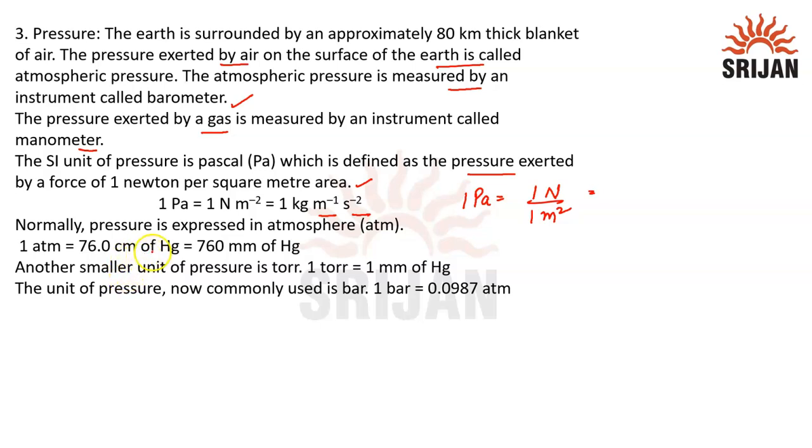Normally, pressure is also expressed in atmosphere, which is atmospheric pressure, and 1 atmosphere is 760 millimeter of mercury. Another unit is the torr. 1 torr is 1 millimeter of mercury, and the unit of pressure now commonly used is bar. 1 bar is 0.0987 atmosphere.